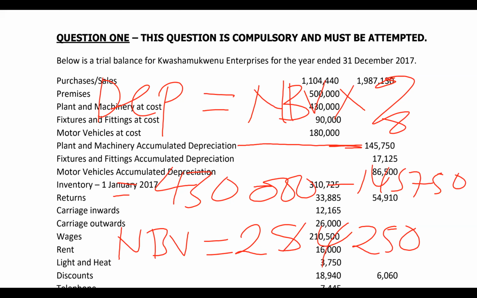So times the percent, which is 25%, 0.25. What do you get?